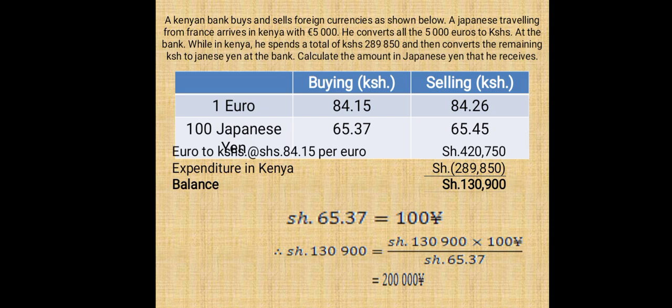Now translate that to Japanese yen. Remember, for Japanese yen, the rate is 65.37 for every 100 yen. So it will be 130,900 multiplied by 100 over 65.37. We get that the Japanese yen was 200,000.